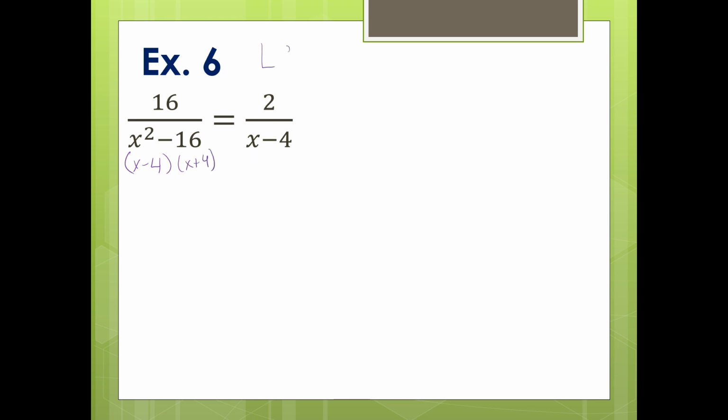So if we're looking for an LCD here, both of these denominators have an x minus 4 in common, so we definitely know x minus 4 is part of our LCD. But if we want to get rid of the whole denominator, we also have to multiply by this x plus 4. So our least common denominator is x minus 4, x plus 4.